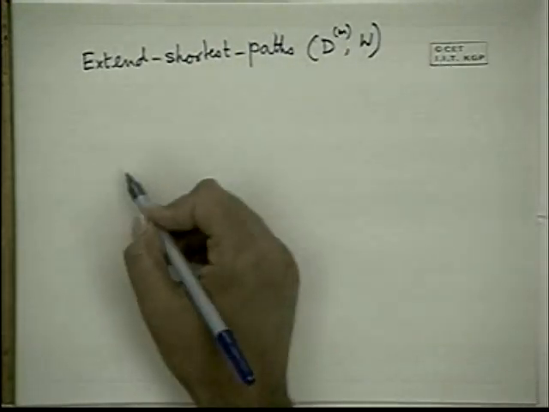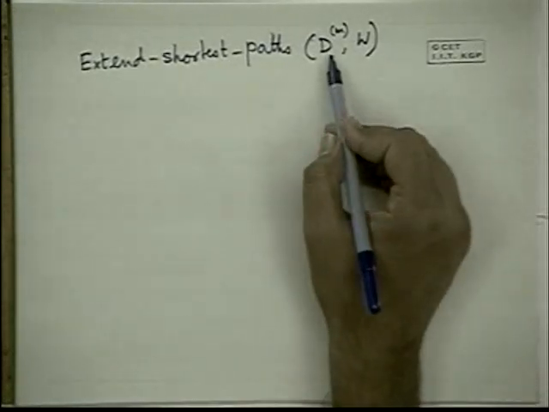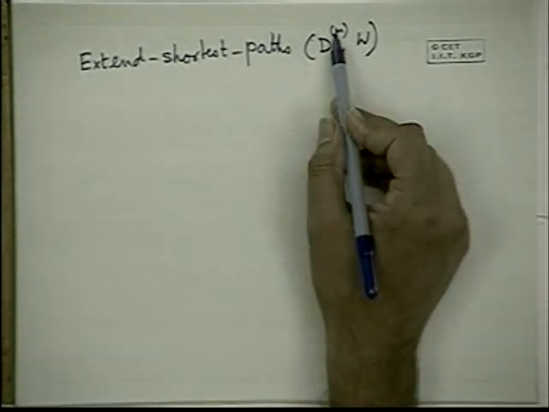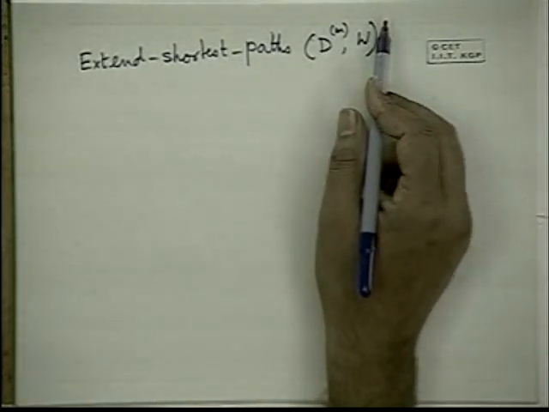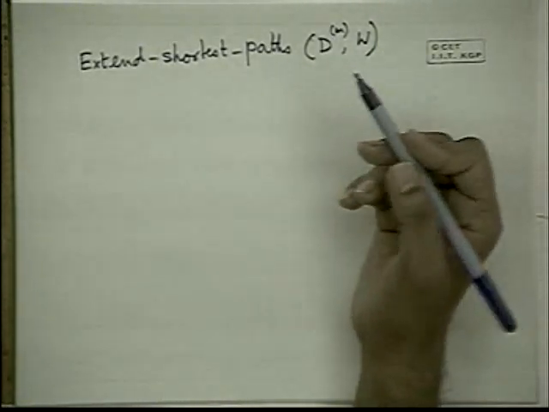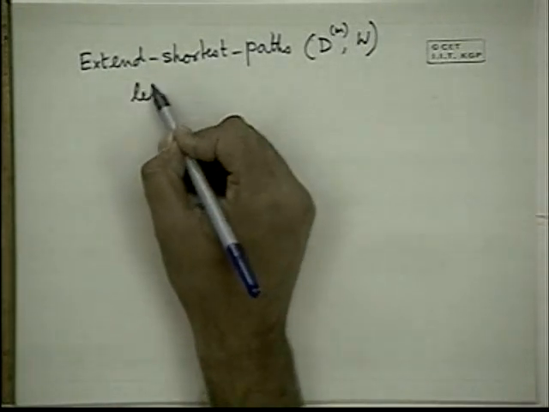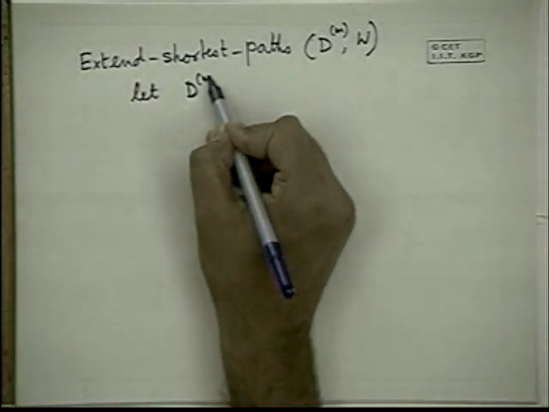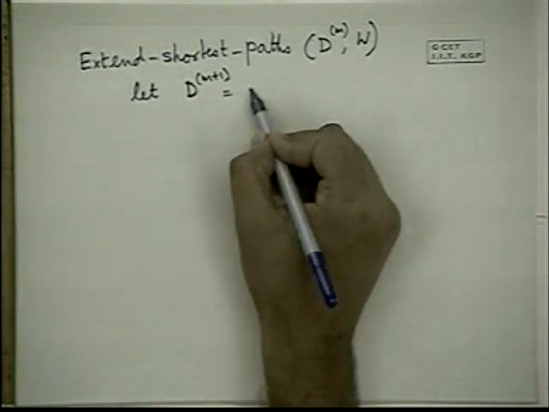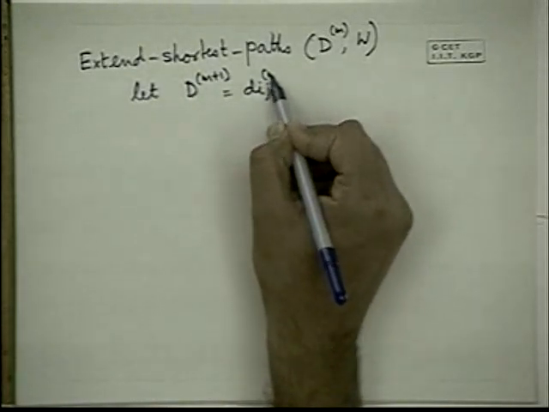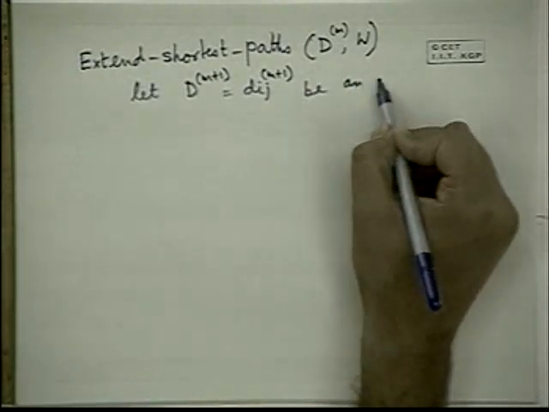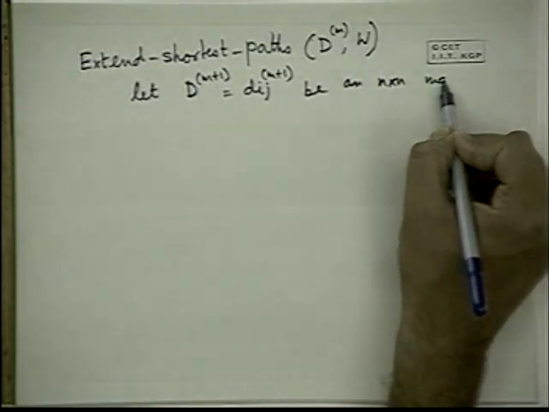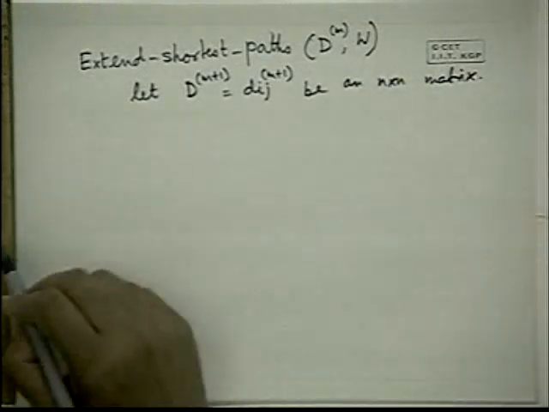The input matrix is D superscript m and the output matrix will be D superscript m plus 1. There are two matrices. So let D m plus 1 be equal to Dij m plus 1, an n cross n matrix.